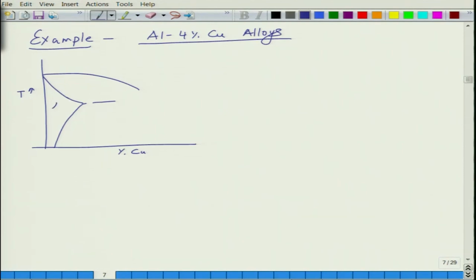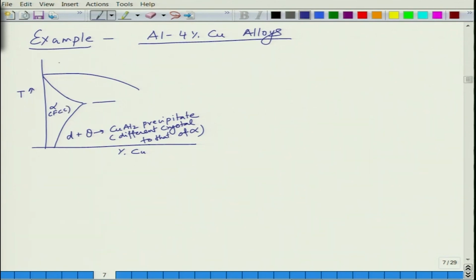Let us say this is alpha phase, this is alpha plus theta phase, and this theta is essentially CuAl2 precipitate. It has a different crystal structure to that of alpha. Alpha is basically FCC structure, and this has a different crystal structure, probably orthorhombic.